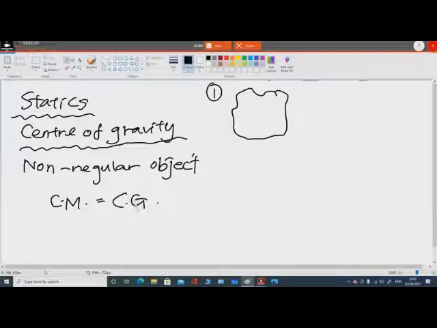But in this cardboard, which is a non-regular shape, the mass is not equally distributed everywhere. So it is hard for us to determine where the center of gravity is located. So there is another way we are able to find the center of gravity for this non-regular object.